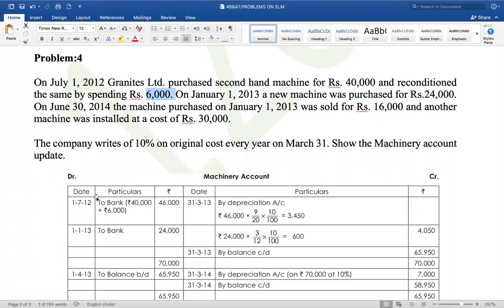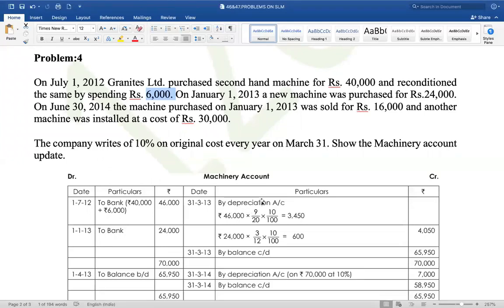So 6 months belong to 2012, 3 months belong to 2013. Total number of months used is 9 months. This machine is used for 9 months, and this machine is used for 3 months. And that is what we had to calculate for the depreciation.